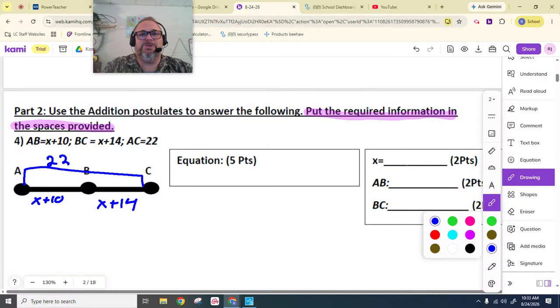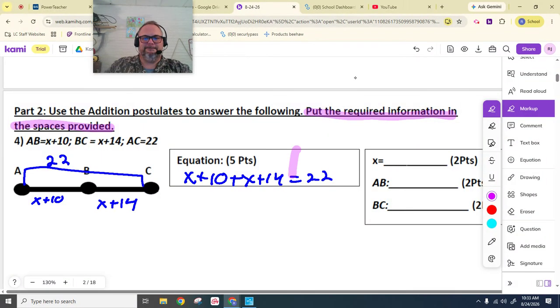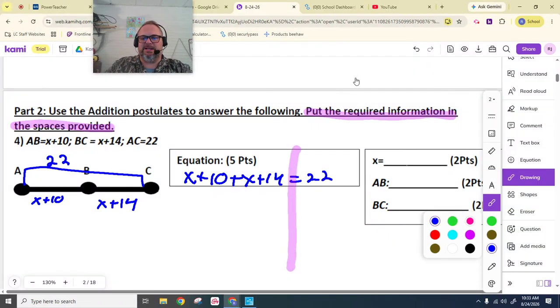Something I would put on my orange sheet is on part 2, number 4 and number 5, you're going to add those together. So, x plus 10 plus x plus 14 equals 22. Combining like terms, I get 1x and 1x.